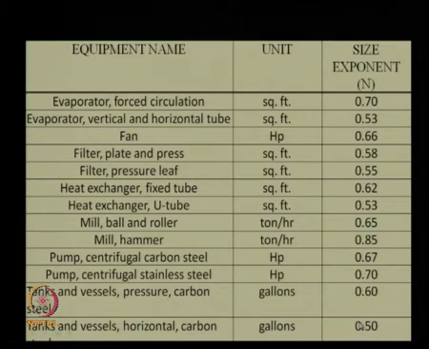So you see that there are data available which will give you some value for n, and we can use that n in our equation to calculate the cost of an equipment which is larger than the original smaller equipment whose cost is known.